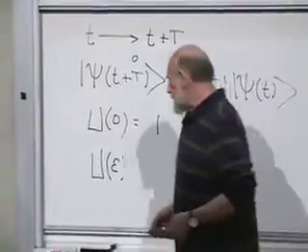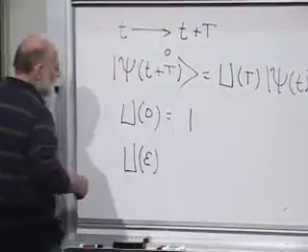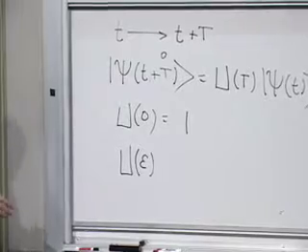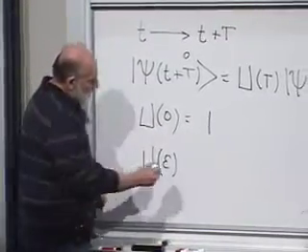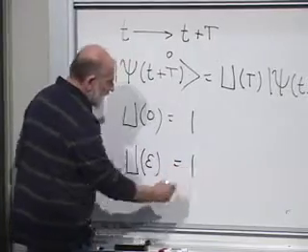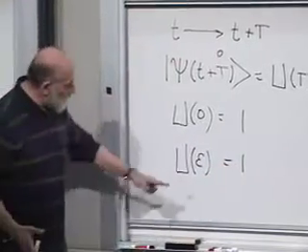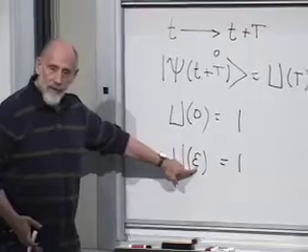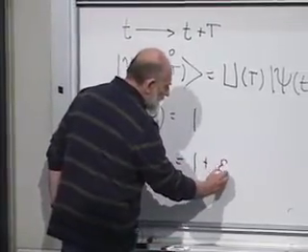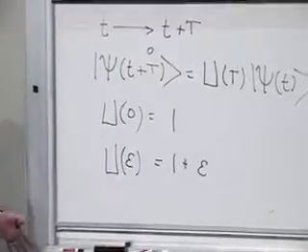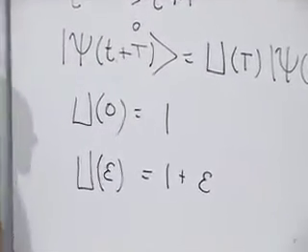To first order in epsilon, what can I say about U of epsilon when epsilon is small? Well, the zeroth order, in other words, when epsilon is 0, we should just write down 1. And then there's a small correction to that 1. If epsilon is small, the correction is small. So let's write down epsilon times something.